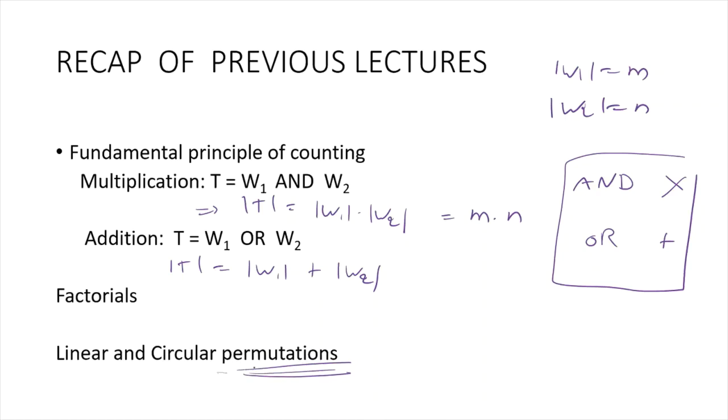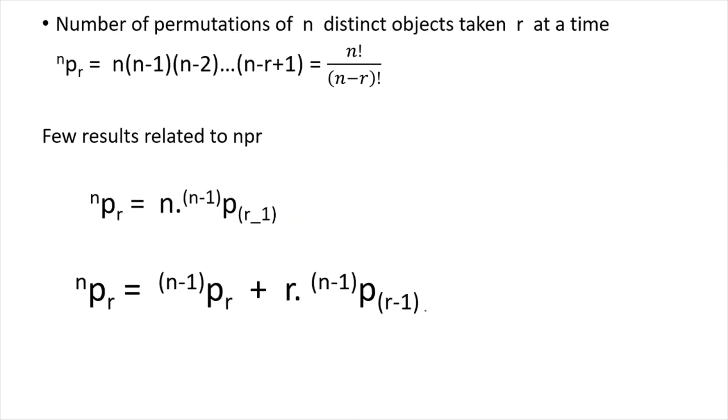We are going to count how many circular permutations there are in this lecture. In the previous lectures, we counted the number of linear permutations. The number of linear permutations of n distinct objects taken R at a time is denoted by nPr, and the expansion of nPr is n times n minus 1 times n minus 2, and so on up to n minus R plus 1, or else we can write it in the form of n factorial upon n minus R factorial.